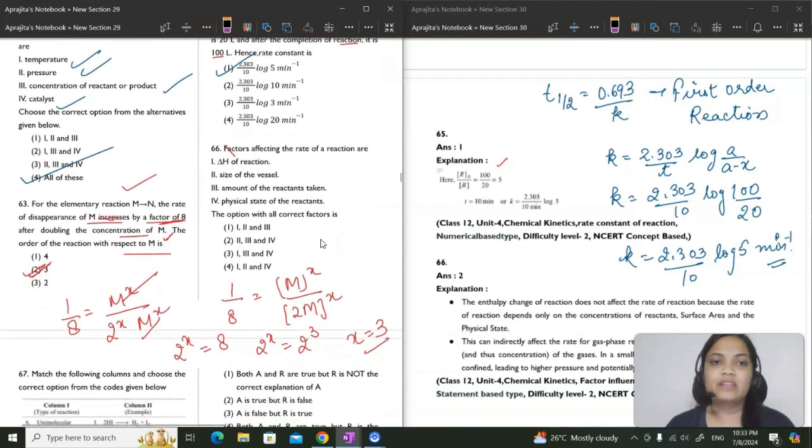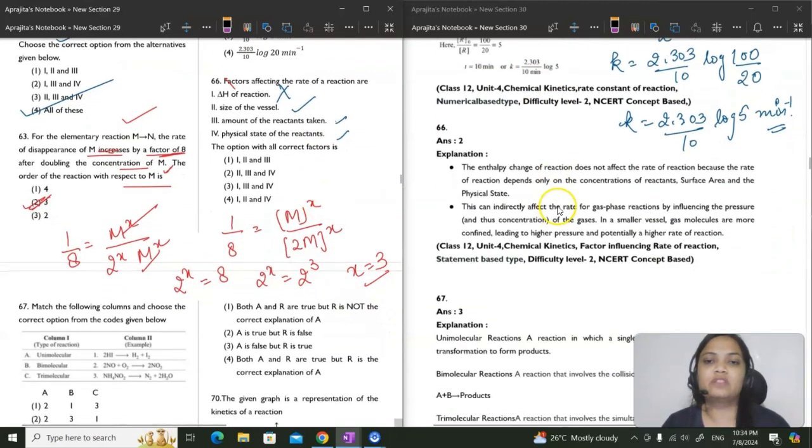Next is factors affecting the rate of reaction are. So students, you know that enthalpy change of the reaction will not affect the rate of the reaction, but yes, the physical state of the reactants, amount of reactant taken, and their surface area, means size of the vessel, will actually affect the rate of the reaction. Concentration, surface area, and physical state.